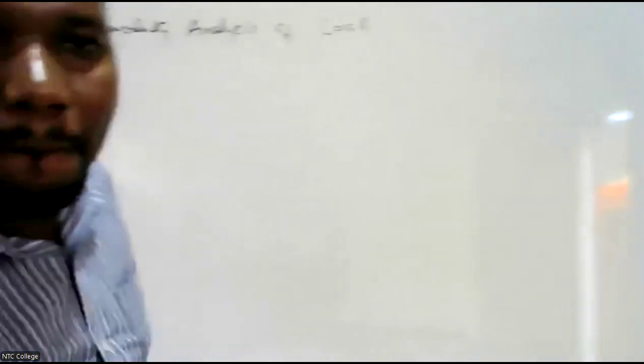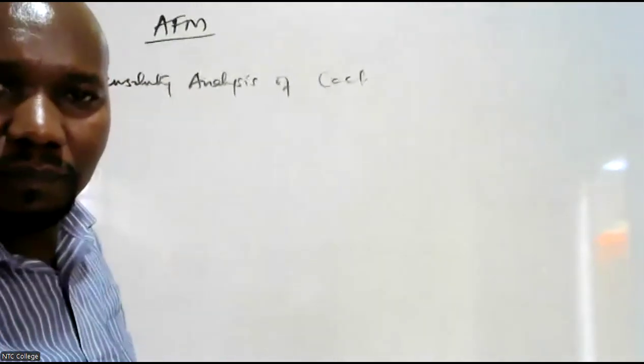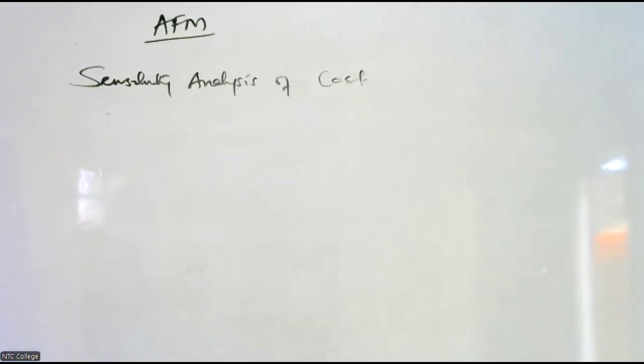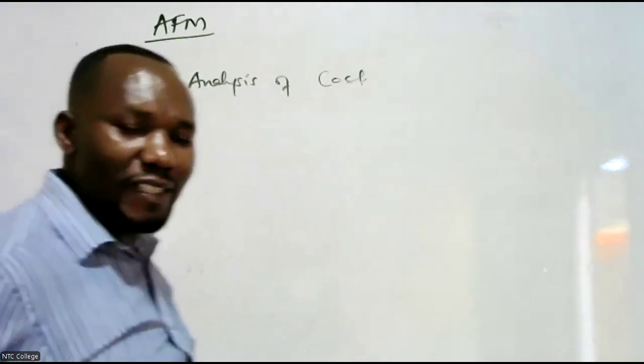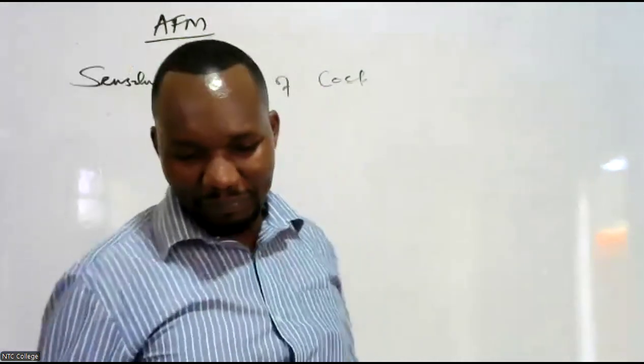Where do we start from? 90% of 6,000. What percentage? 90%.